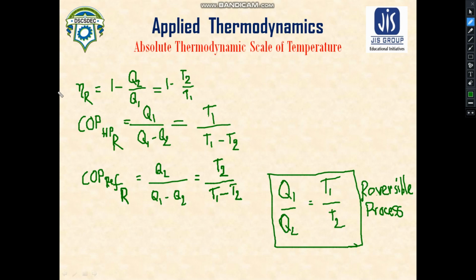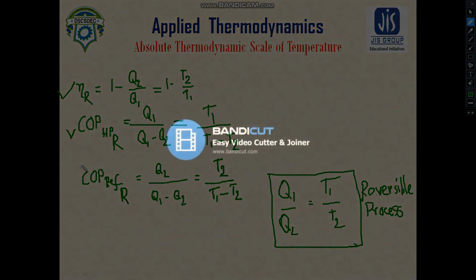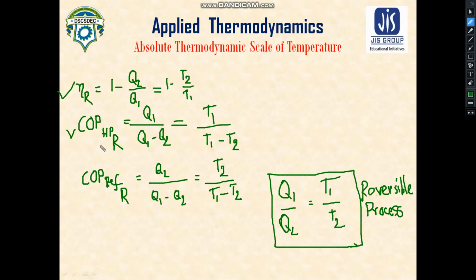You can see this formula is for the reversible heat engine, this is for the reversible heat pump, and this is for the reversible refrigerator. So this is what we got from the absolute thermodynamic scale of temperature, and we modify the formulas for the reversible cases. So this is our finding.